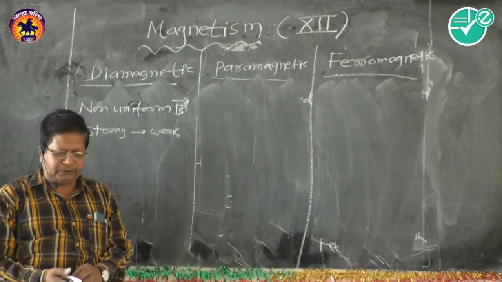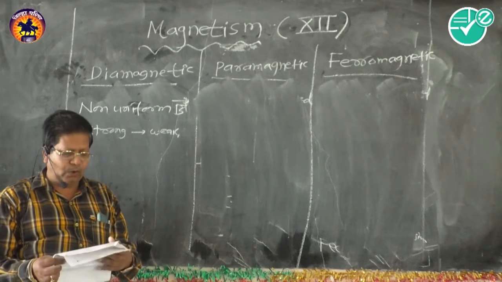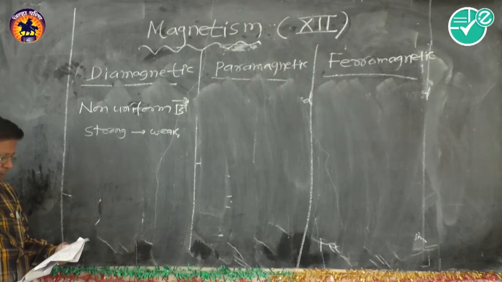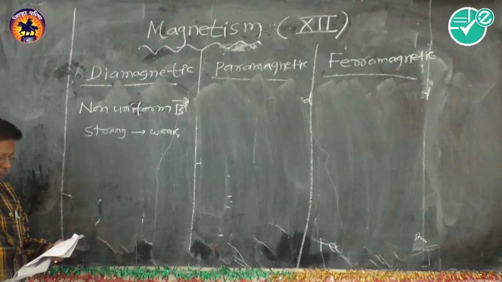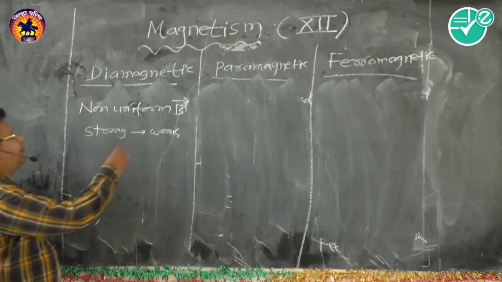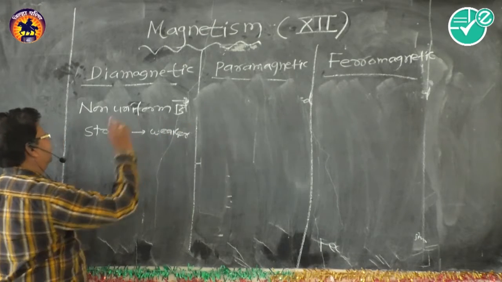So diamagnetic substances are those substances which have a tendency to move from the stronger part of the field to the weaker part of the field.